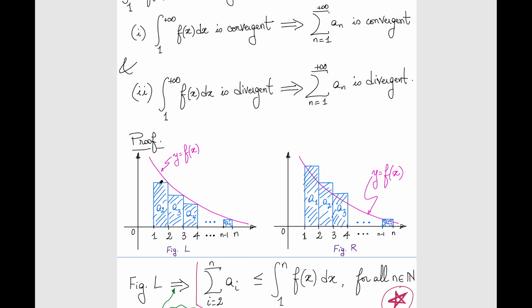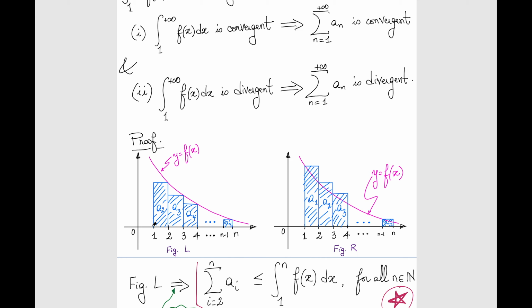And we're creating rectangles where one of the dimensions of the rectangles is always 1, the length of the interval, and the height of any rectangle is going to be the image under the function f of the right endpoint, correct?